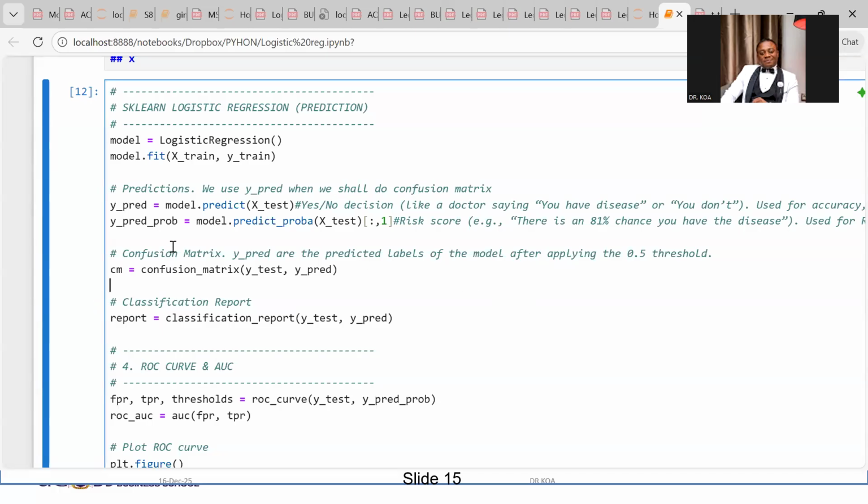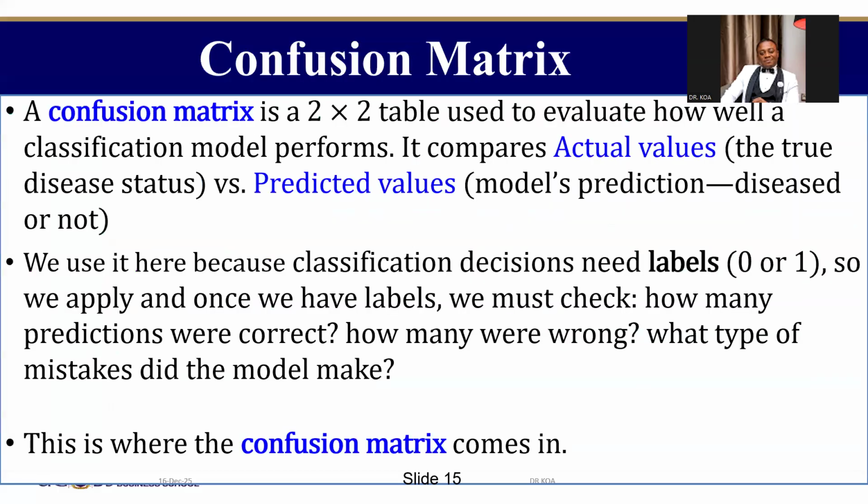We will also calculate the confusion matrix. I'll tell you a lot about it very soon, but let me first talk a bit about the confusion matrix and why it is called confusion. Anytime you have the word confusion, it's when your brain is scattered, you don't know which is which. The confusion matrix is basically a 2x2 table.